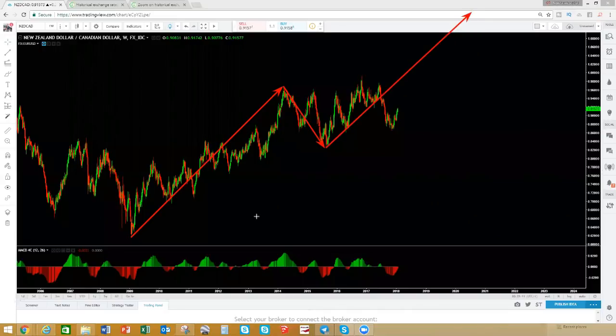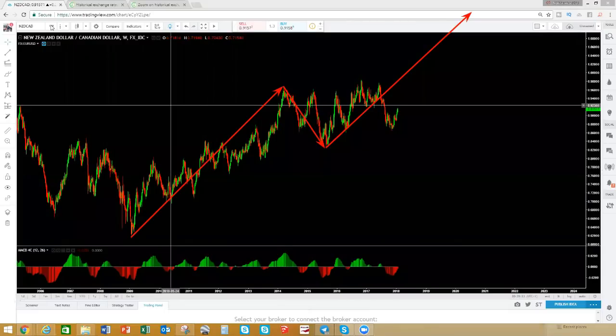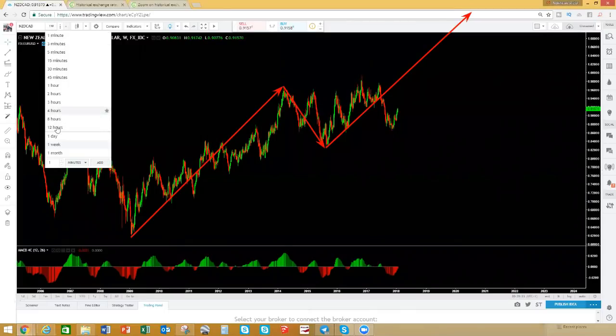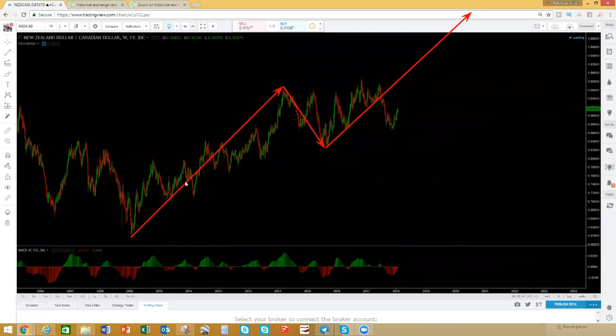That is the piece that we're looking at. I'm going to put it on the daily so that we can only see this piece here, because we know what's happening with the rest, so we can focus on this. Right, let's go to the daily.